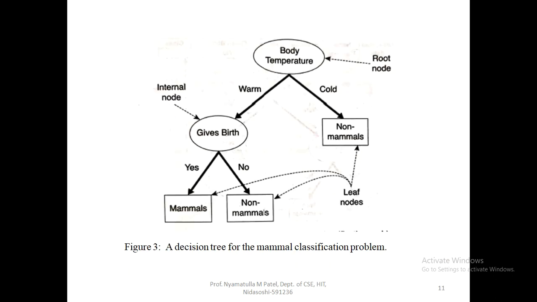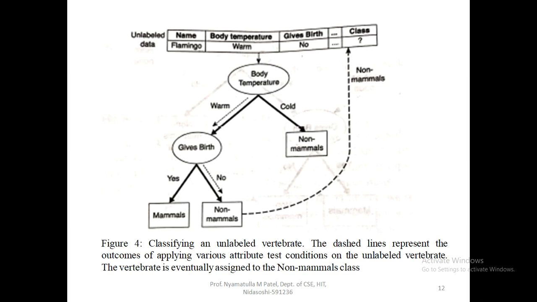Now this is the classification model we have developed, the decision tree for mammal classification. So now we will take an unlabeled data set. Here the vertebrate that is given is the flamingo.